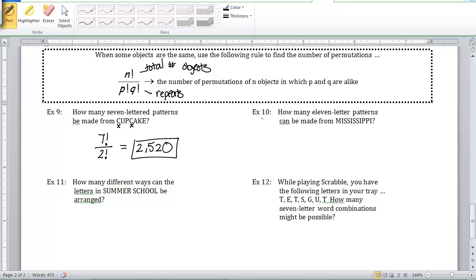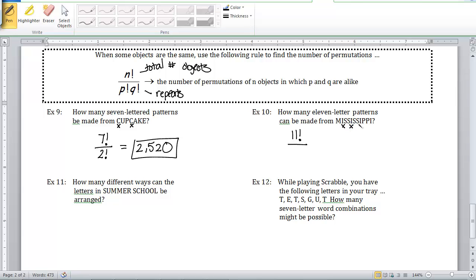So let's look at example 10. The first thing I would do is figure out how many letters are there. Well, 1, 2, 3, 4, 5, 6, 7, 8, 9, 10, 11. So I have 11 factorial divided by. Now I need to go through and figure out how many different repeats I have. This is where I put different markings under the like letters.